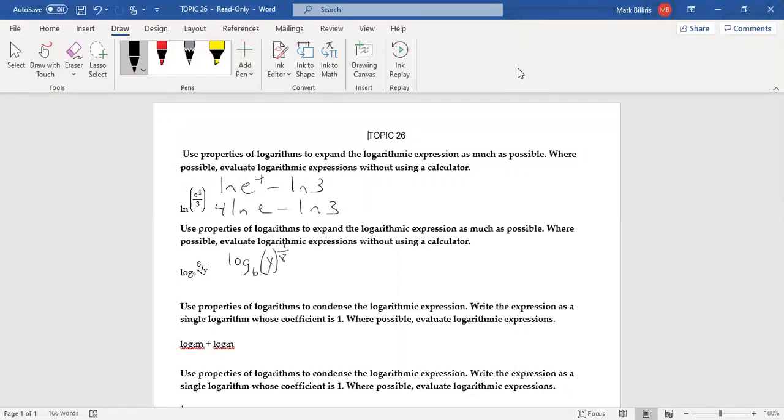We don't have multiplication or division, but we do have an exponent, so we're going to use the power rule, which simply means that this exponent is going to go in front of the logarithm. So our final answer would be 1/8 log base 6 of y.